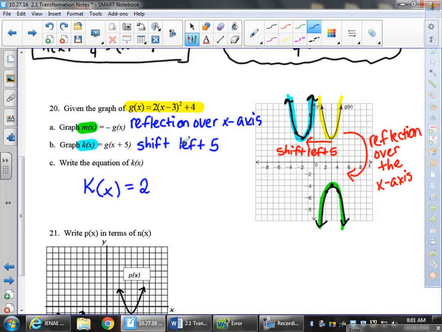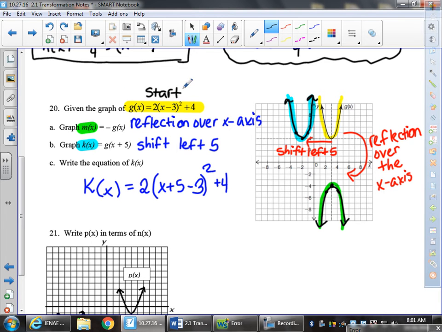We still have the same width. x plus 5 plus 4. Where is that coming from? On the parent, what's our starting function? 2 times x minus 3 squared plus 4.